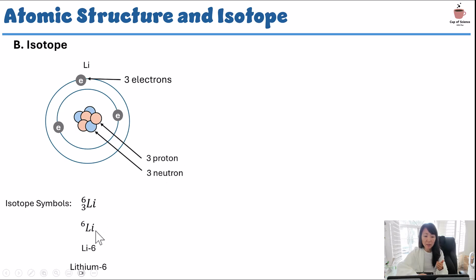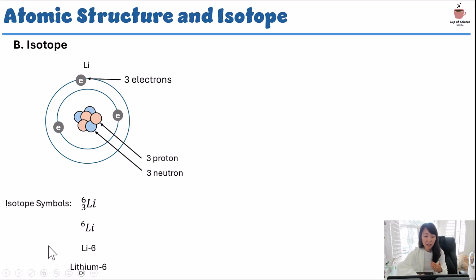What about this one? This isotope symbol is the same as this one. We just chose not to write the 3. Lithium 6, this again represents the number of protons and neutrons added together.